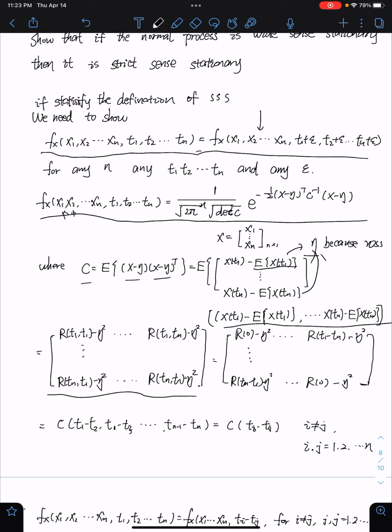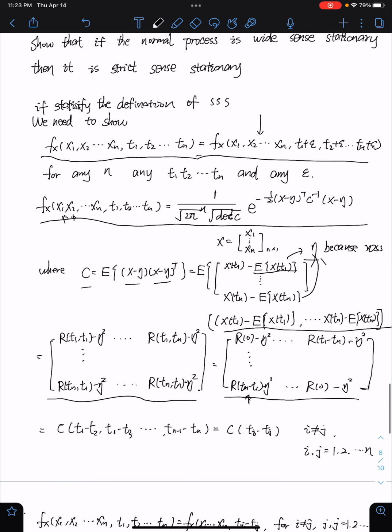And we can simplify this autocorrelation, because it's a WSS process, and the autocorrelation only cares about the difference of the two inputs. Since the probability density function involves a matrix of each difference, we can rewrite C like this, where each entry equals t1 minus t2, t1 minus t3, and so on until tn minus 1 minus tn.